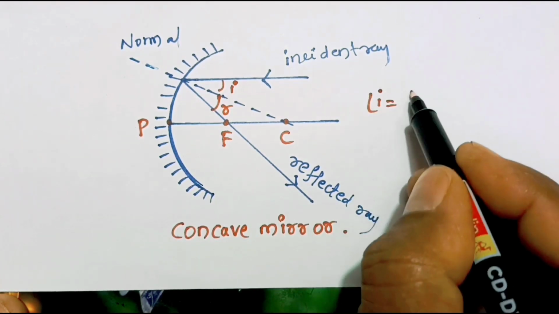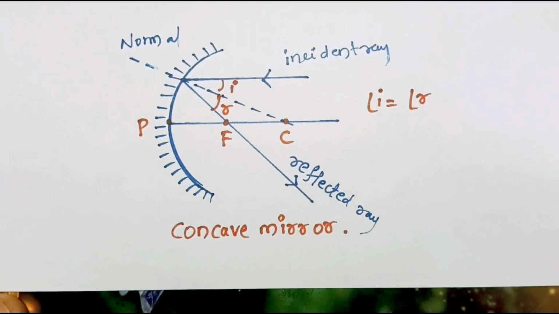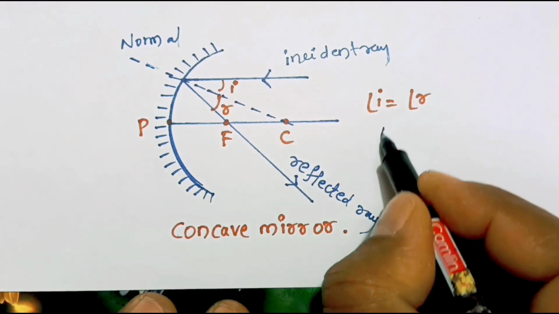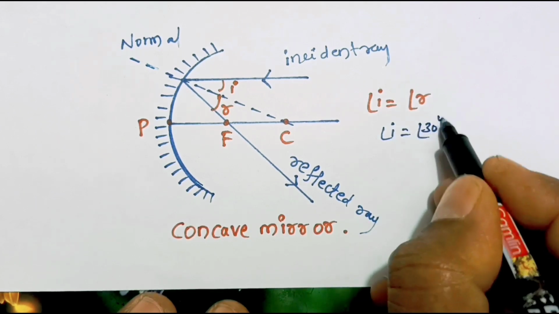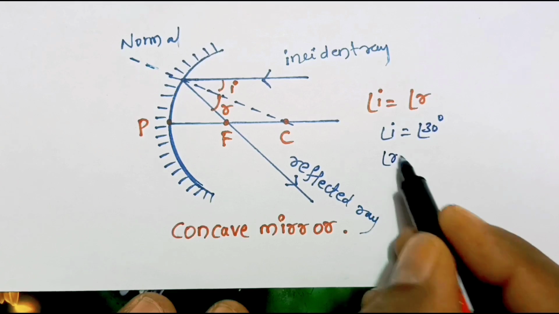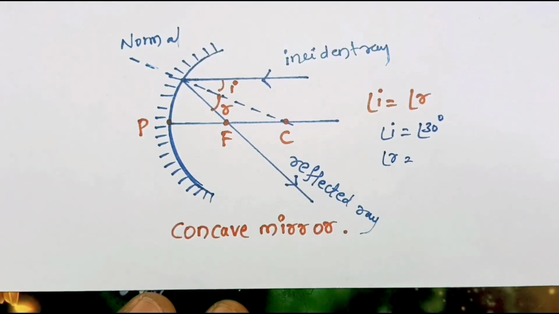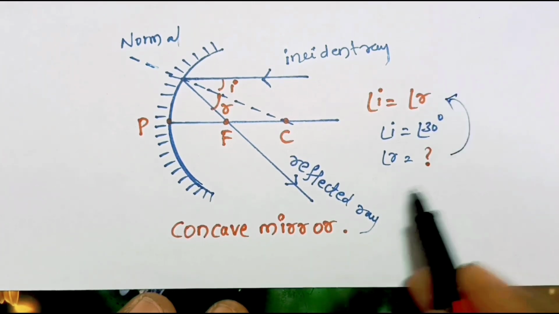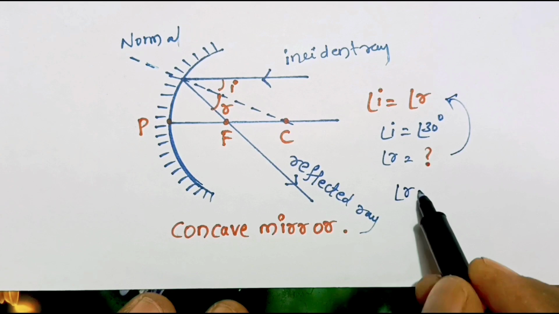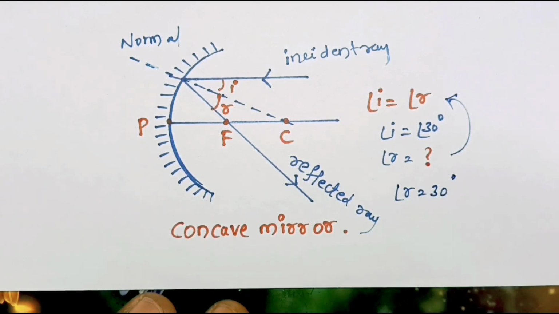We observe that the angle of incidence is equal to the angle of reflection. Here also, the first law of reflection is followed. For example, the angle of incidence is equal to 30 degrees. What is the angle of reflection? So, angle i is equal to angle r. So, the angle of reflection is also 30 degrees.